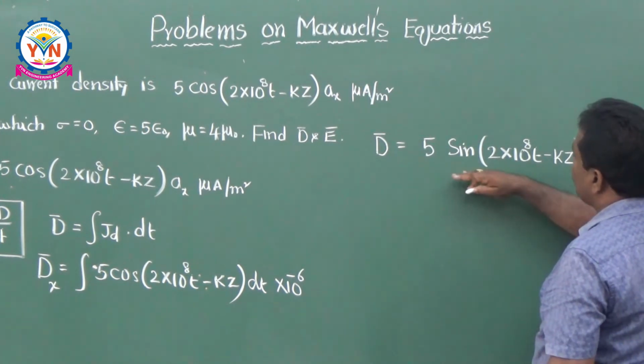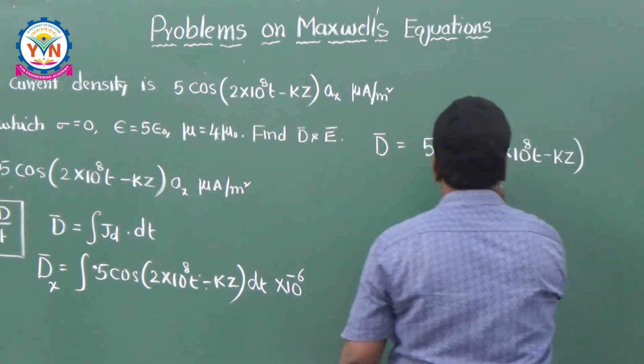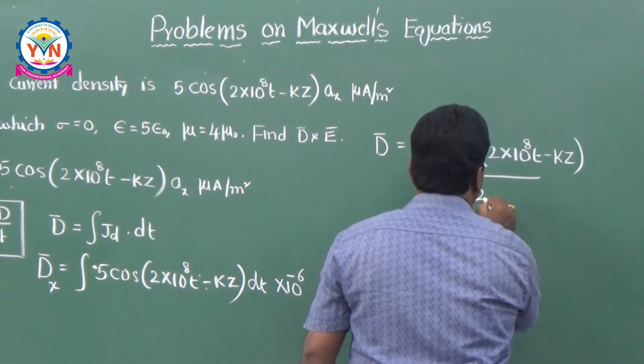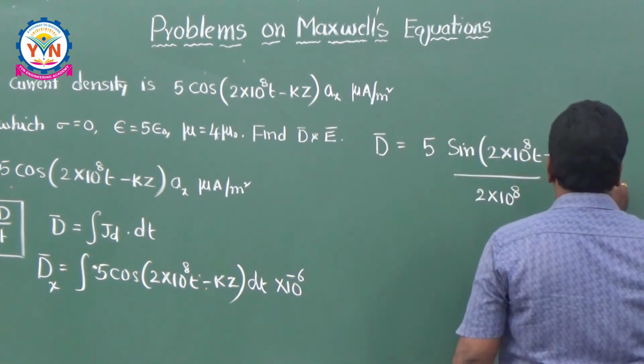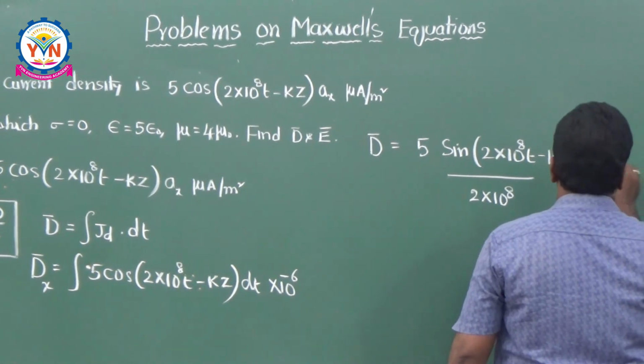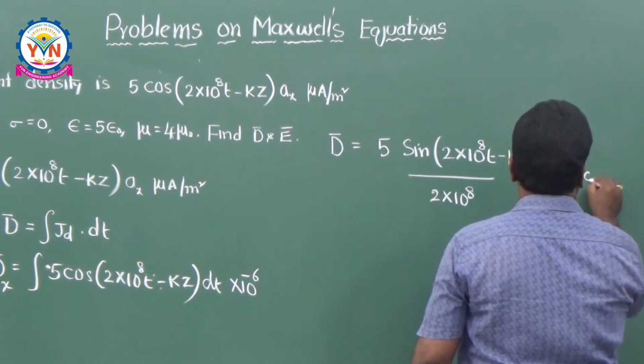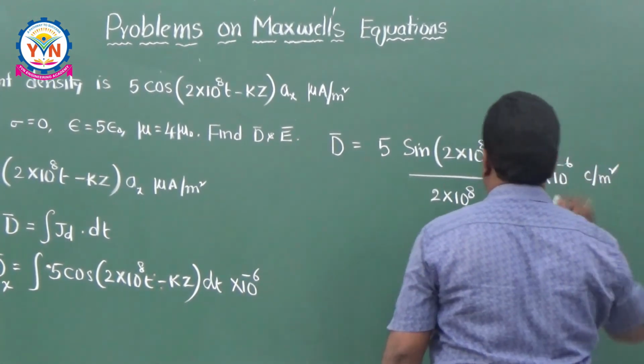That is the reason you are going to get it in the denominator. So divided by 2 into 10 power 8, into 10 power minus 6 coulombs per meter square. This is the answer.